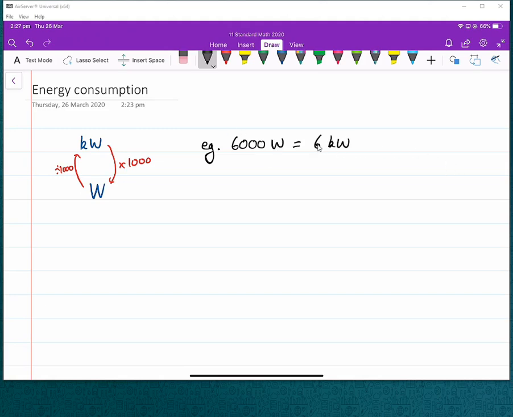That's probably more like an air conditioner that would use 6 kilowatts. In the same way, if you had a 4.3 kilowatt air conditioner, then we would know that that's the same as 4,300 watts, because you would times by 1000 to get that.